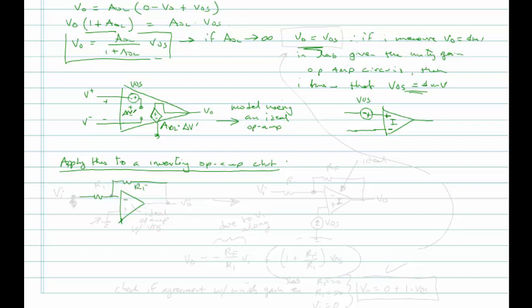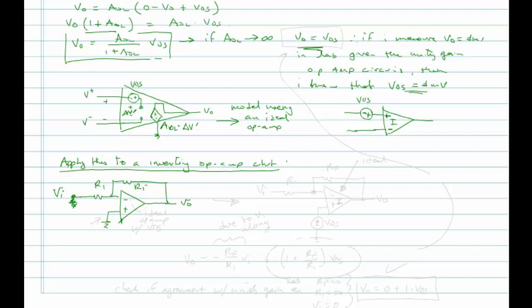We'll have RF or R2. RF connects to V out. R1 gets grounded because it's inverting. No, it doesn't. R1 actually goes to our VI, right? That's our input. And then V plus is what goes to ground.